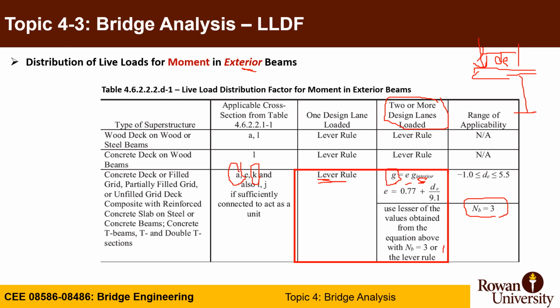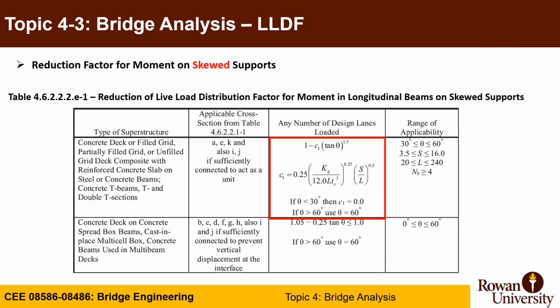For skewed bridge supports, you will have to calculate this parameter, which is C1, which is also a function of Kg, the spacing between the girders, and the length of the span.